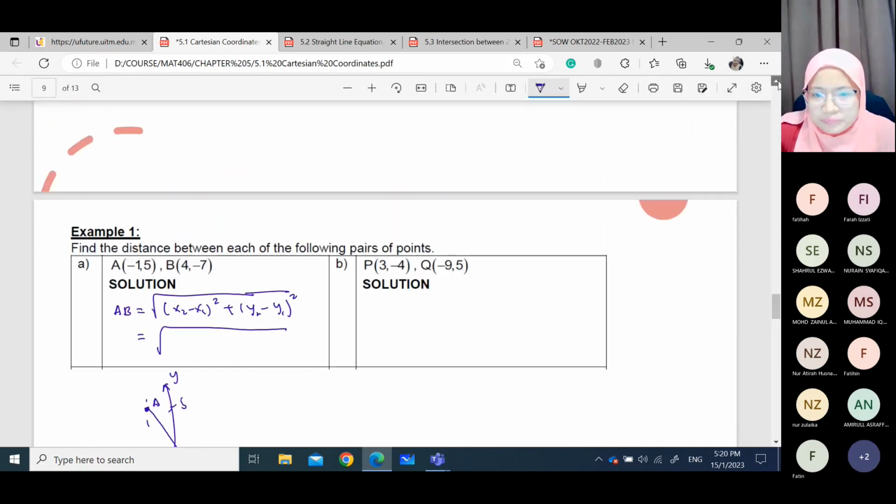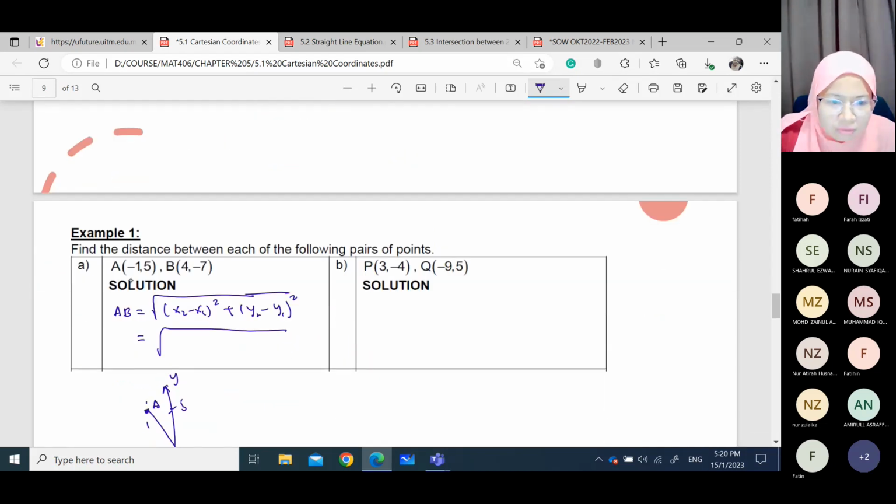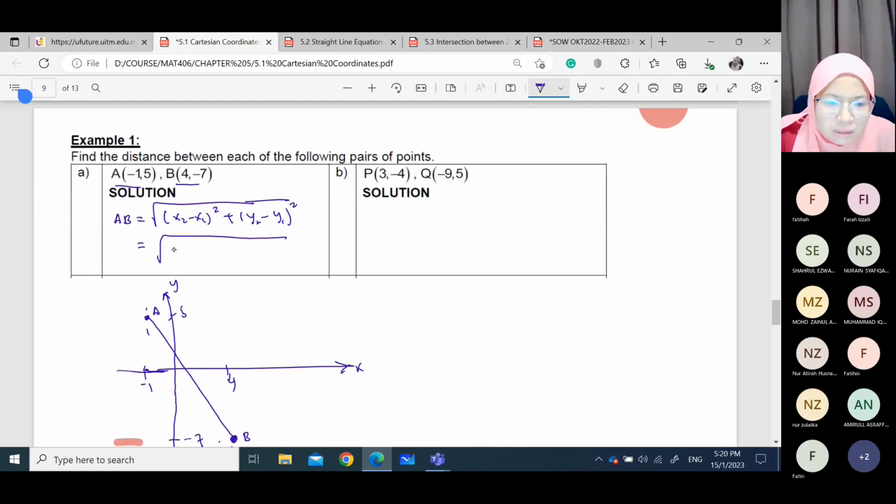X dulu kan? Okay, so ya. Alright, so masukkan. Katakan yang B adalah titik yang kedua. So masukkan saja. So we have 4 minus negative 1 to the power of 2 plus y2. So y2 is a negative 7 minus 5 to the power of 2.